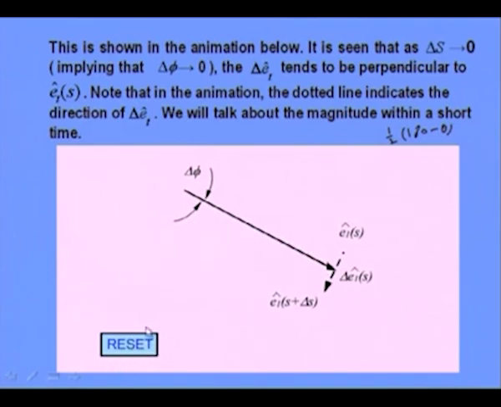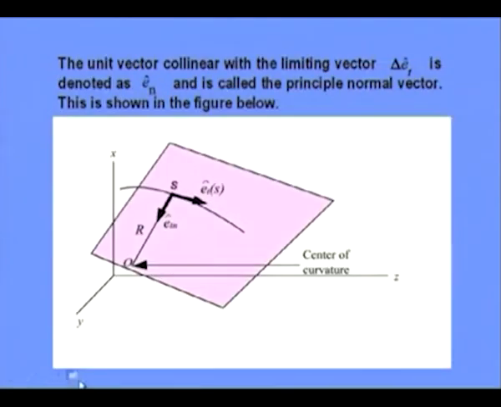Now, we will talk about the magnitude also. Let us see it again. The unit vector collinear with the limiting vector delta ET is denoted as En and is called the principal normal vector.